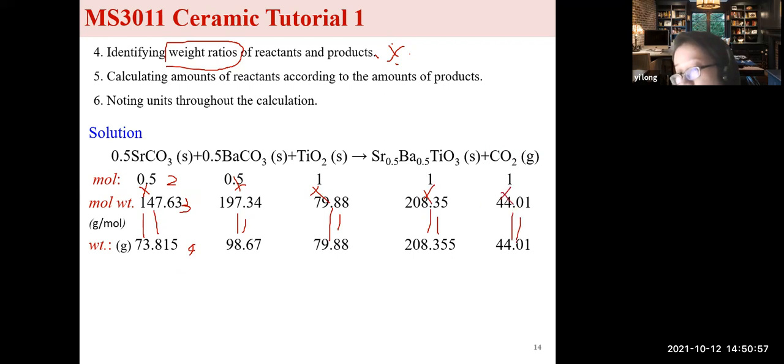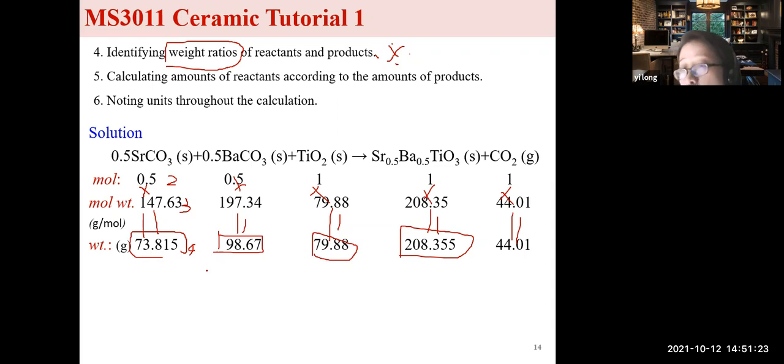You will get the weight ratio, which means if you want 208.355 of end product, you need to put exactly 73.815 strontium carbonate, 98.67 barium carbonate, and 79.88 titanium oxide.